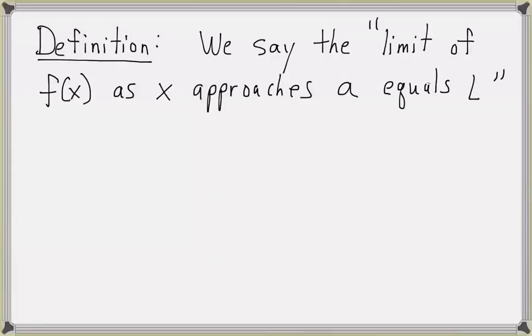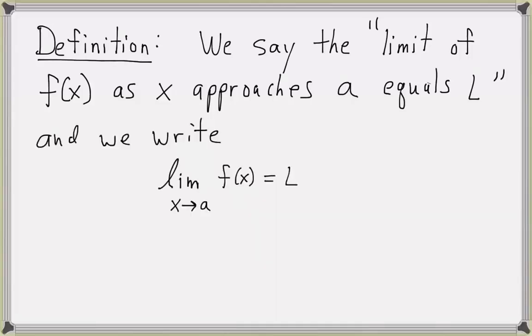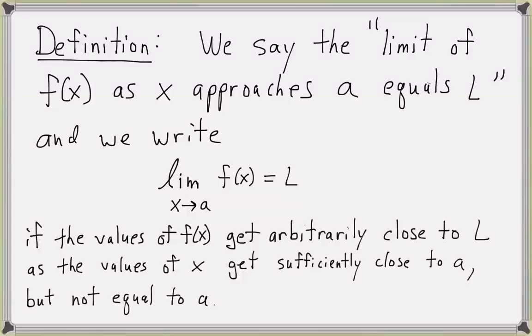We say the limit of f of x as x approaches a equals the number L, and we write this notation, if the values of f of x get arbitrarily close to L as the values of x get sufficiently close to a but not equal to a.